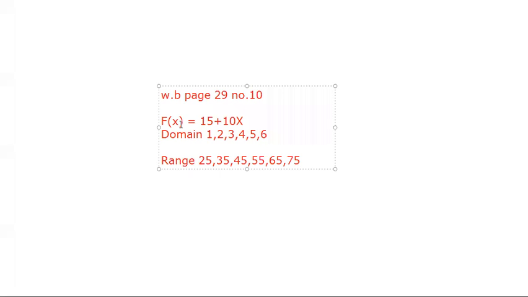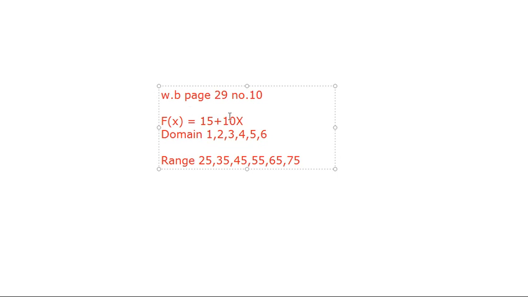Okay, then to calculate the function, can you hear me, grade 9? Yes. Okay, then to calculate the function, it will be 15 plus 10x. The domain is the input, which we can replace, because he said 6 weeks, so it will be 1, 2, 3, 4, 5, 6.